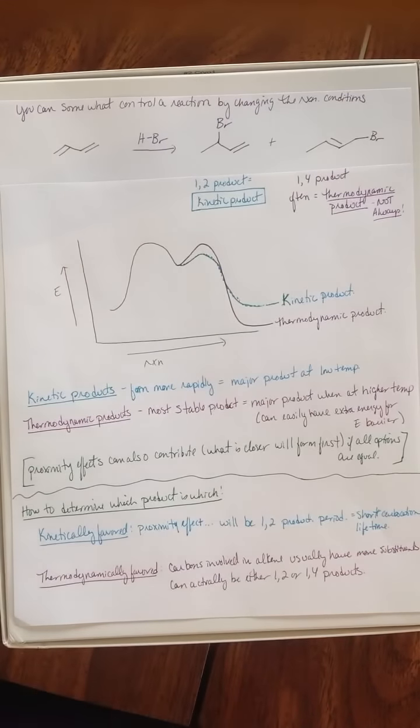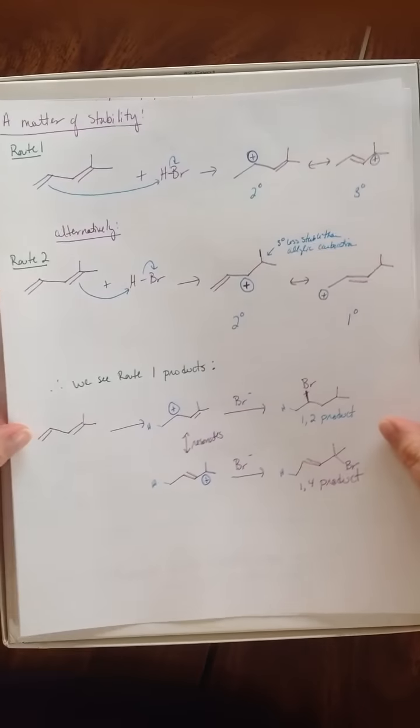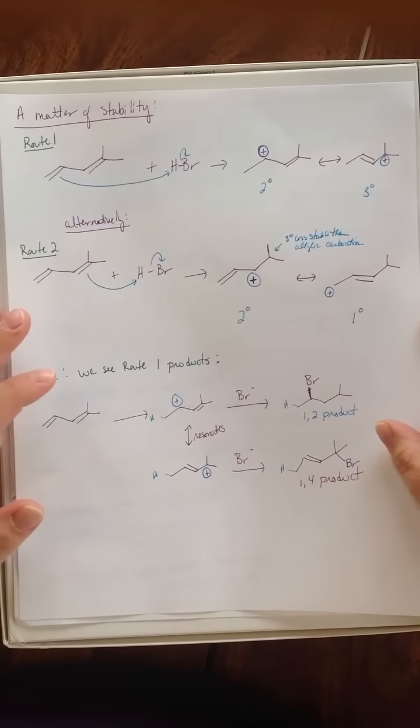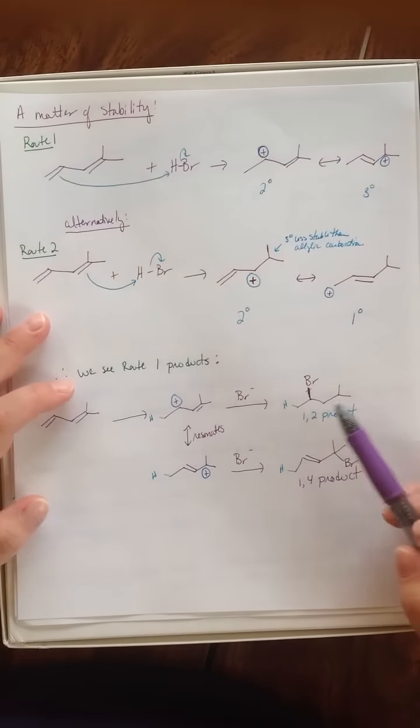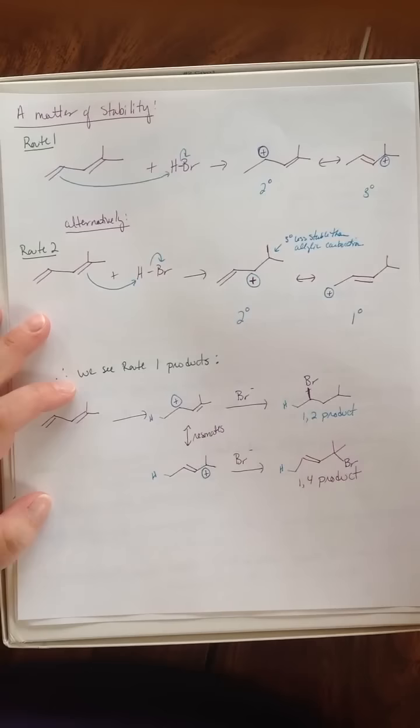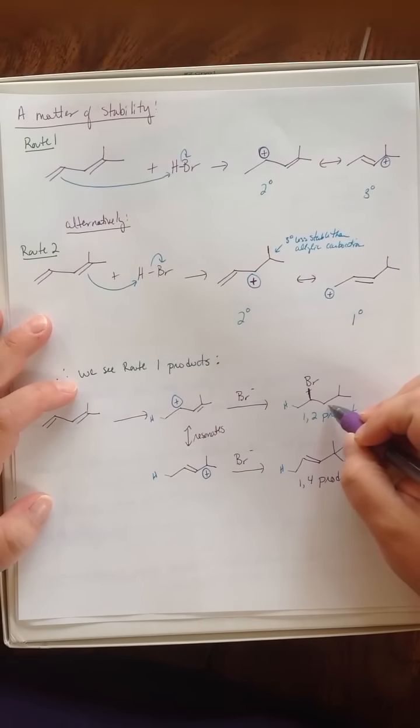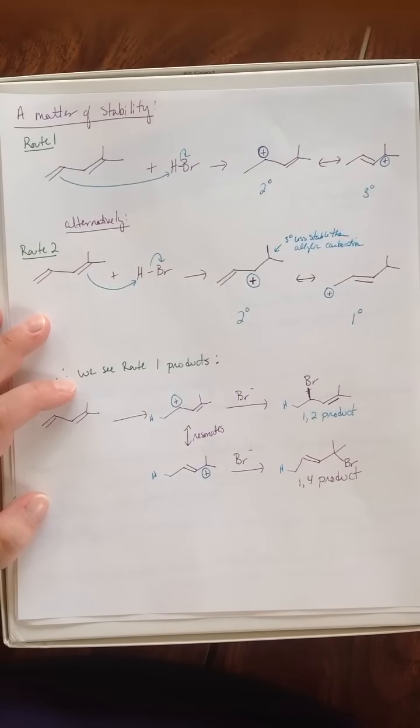So let's go back to our asymmetric diene example. In this case, here's our 1,2 product. My apologies, I did not draw that in earlier. And here's our 1,4 product.